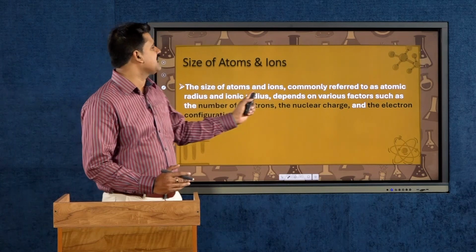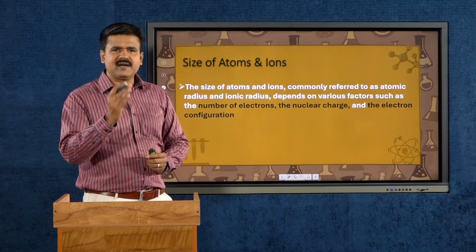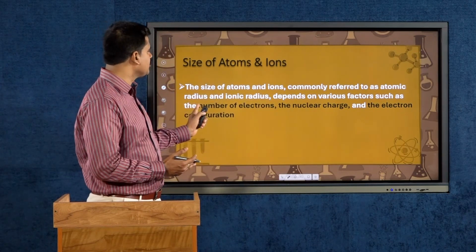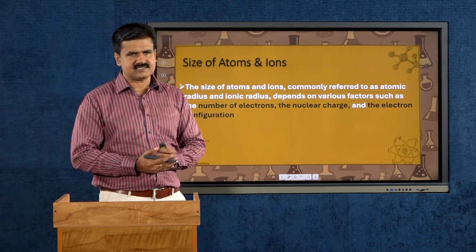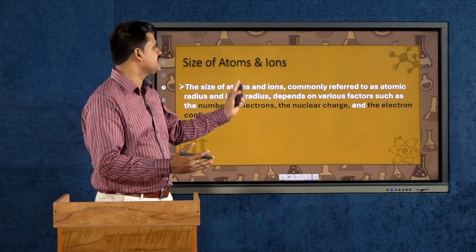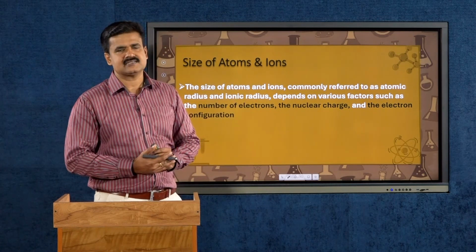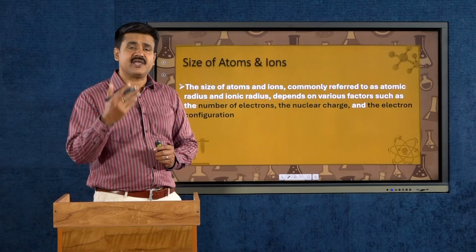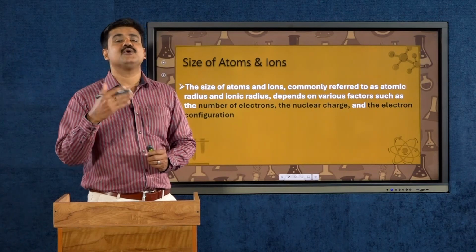The size of atoms and ions is commonly referred to as atomic radius and ionic radius. That means size of an atom is interpreted in terms of atomic radius, whereas size of ion is represented as ionic radius.